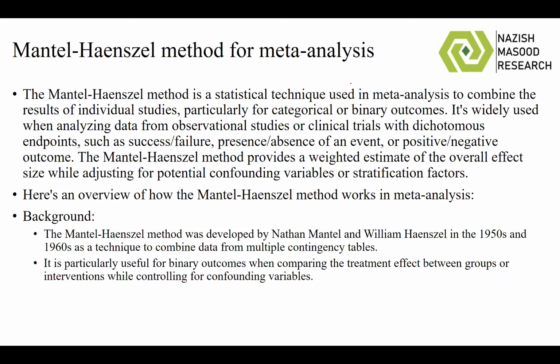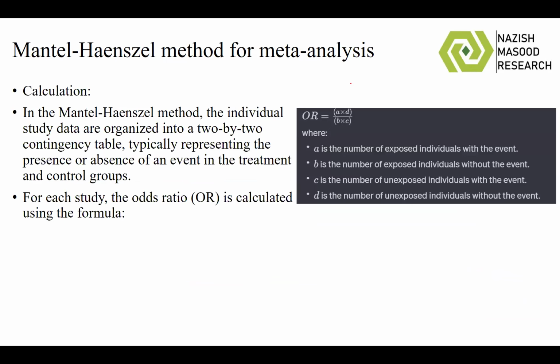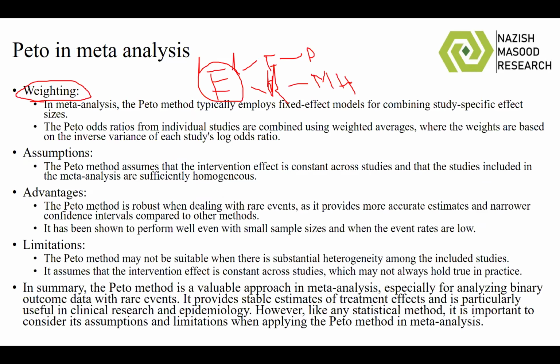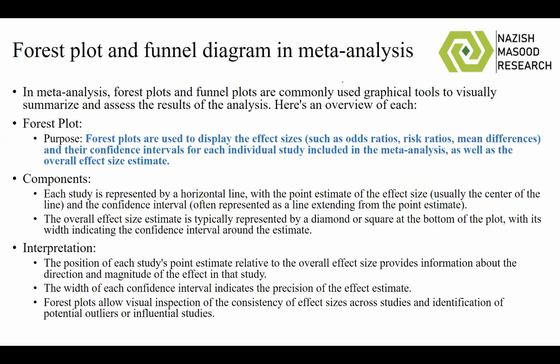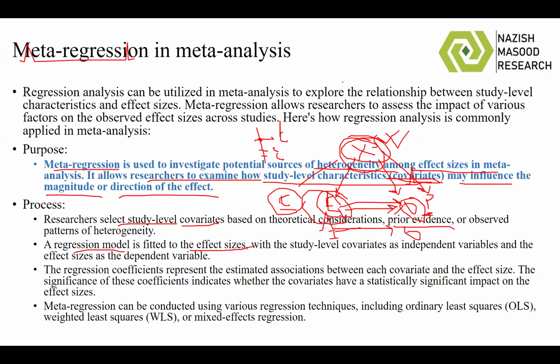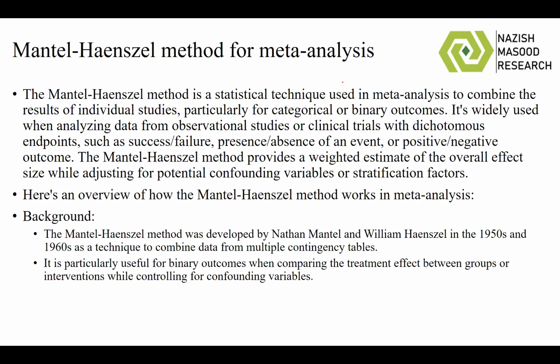I know this must be too much detail, but I'm just giving you the theory of this, and I'll just show you. Look at our case study. You see this MH being written here, and then you see this random effect model being here. You see it everywhere. This MH is basically the Mantel-Haenszel method applied with the random effect model in our case study.